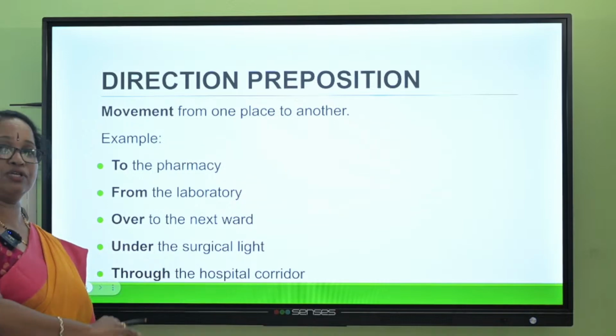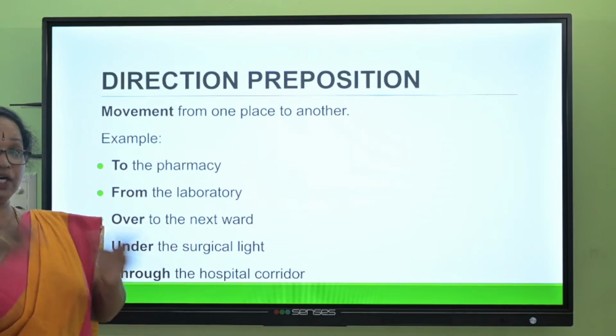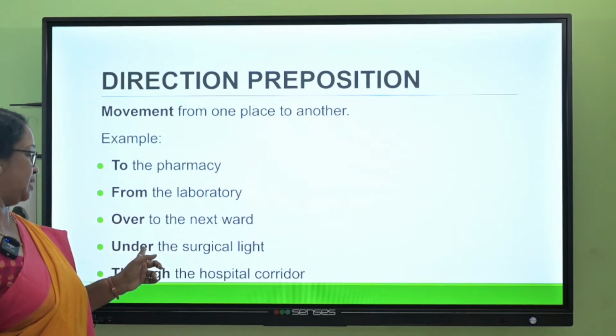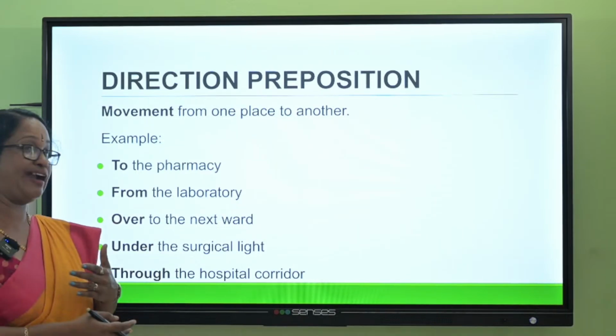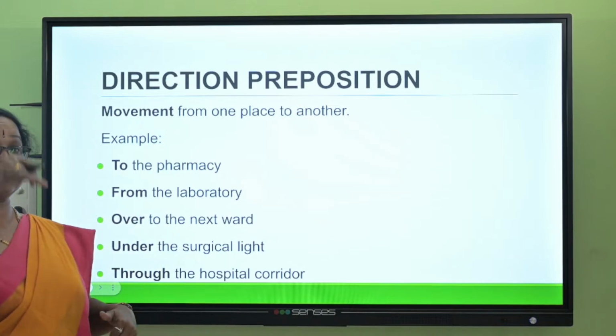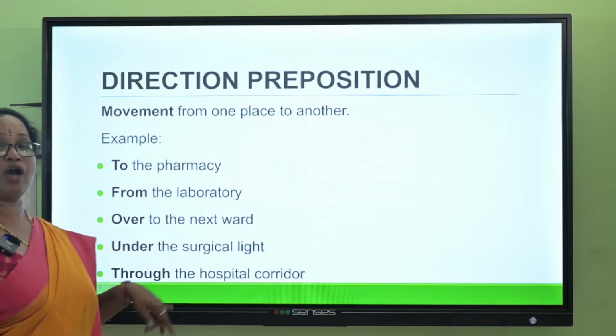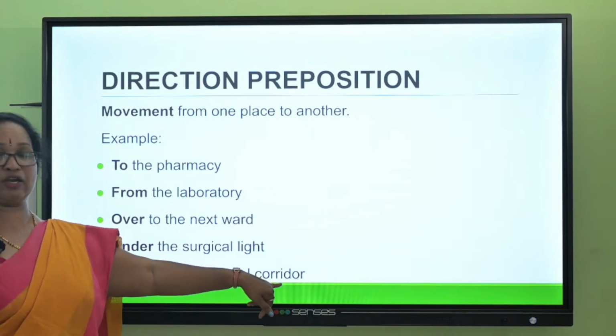And he was shifted over to the next ward. And you see, the procedure was done under the surgical light. And he walked through the hospital corridor.